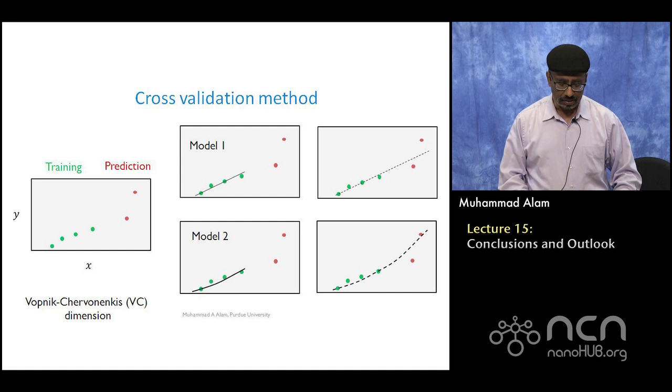You can take this training data from any of these combinations and use the other part as your prediction. That way you would know whether your straight line analysis is good or whether more complicated models would actually help.